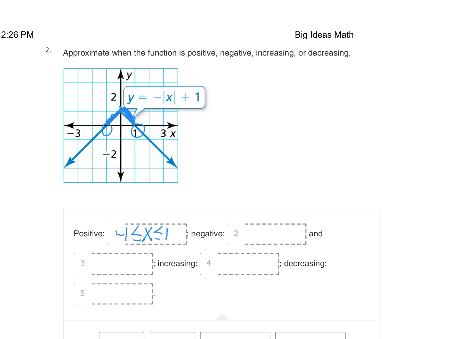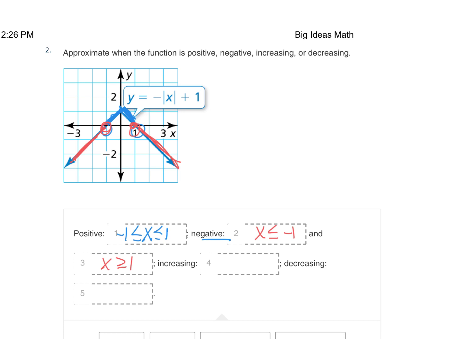For my negative part, it's down here. You got two separate sections. So we're going to say for this, when x is negative 1, it's everything less than negative 1, and over here, it's everything greater than positive 1.